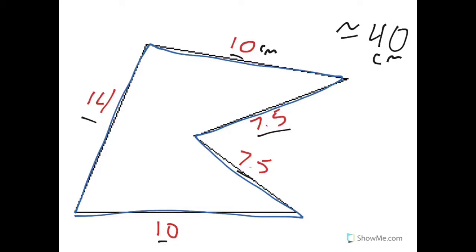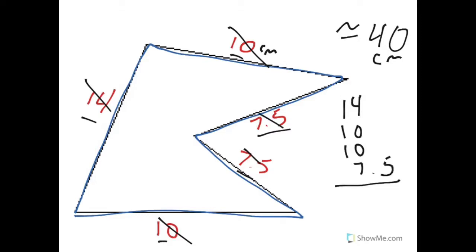If I wanted to find the actual perimeter, it's very simple. On a polygon like this, I just need to add. So I have 14 plus 10 plus 10 plus 7.5, plus 7.5. Decimals are lined up.